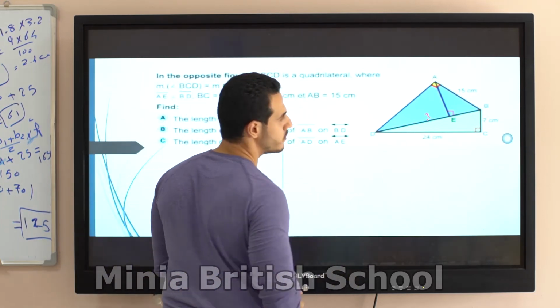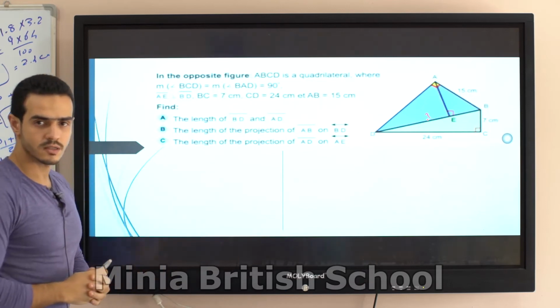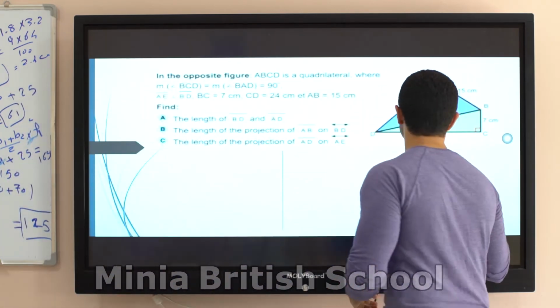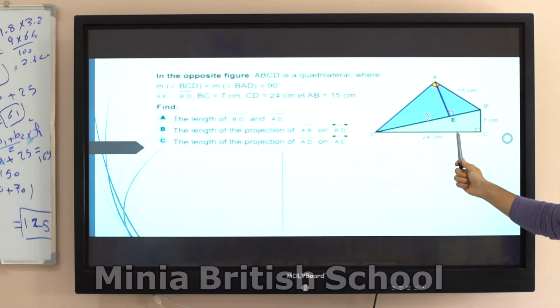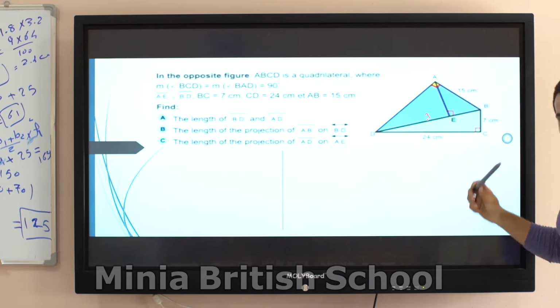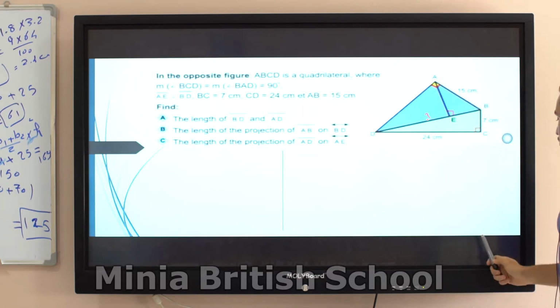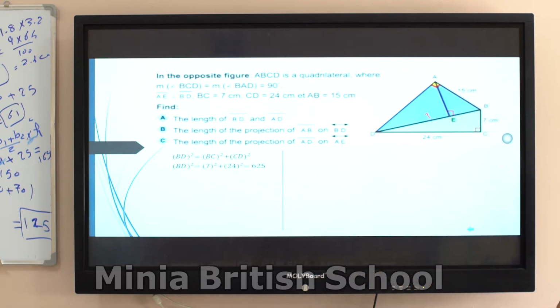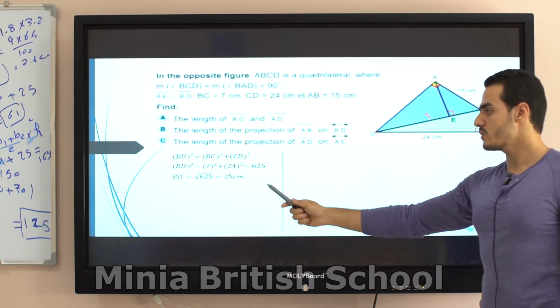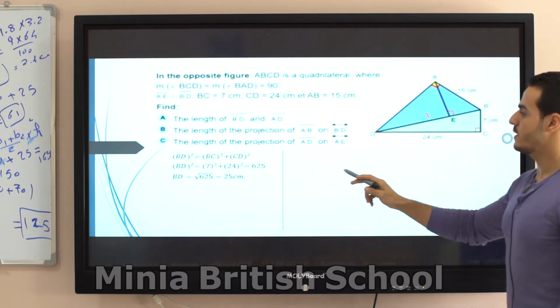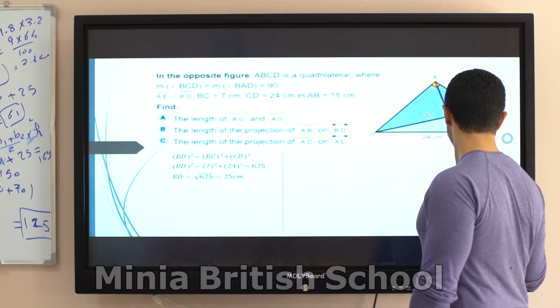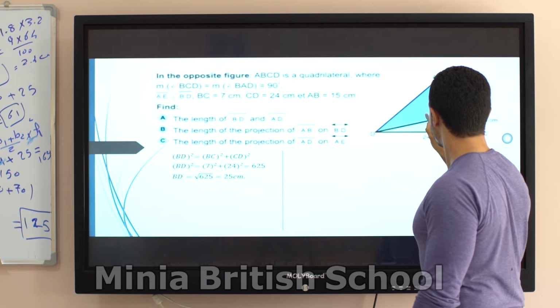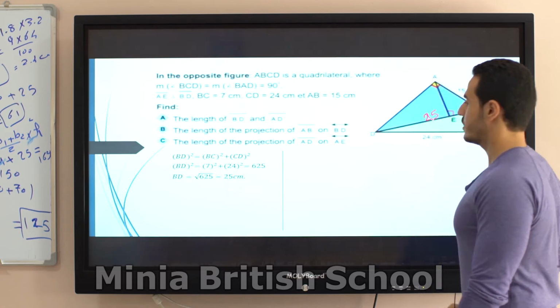To find the hypotenuse, I will use Pythagoras theorem. The hypotenuse square equals 24 square plus 7 square, equals 625. The square root of 625 equals 25. So BD equals 25.